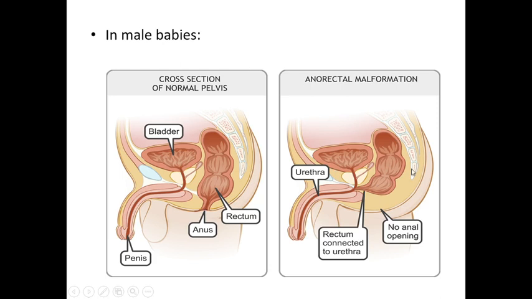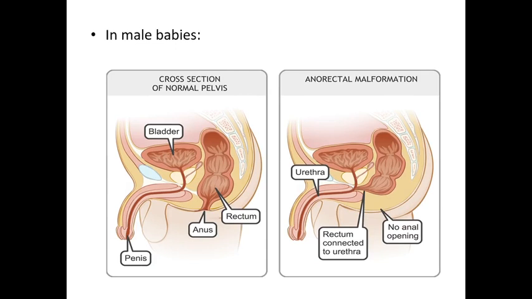But here the anal canal does not open into the anal orifice because there is no anal opening. So where it opens is to the urethra. So the feces comes out through the urethra, that is through the urethral orifice here.